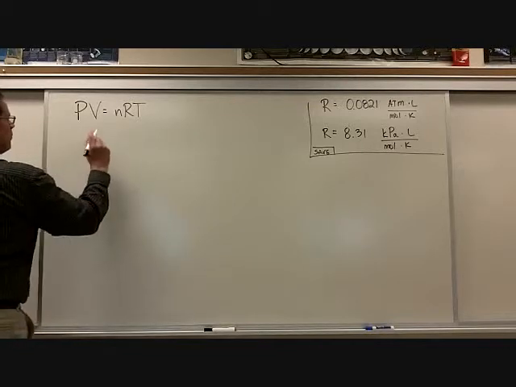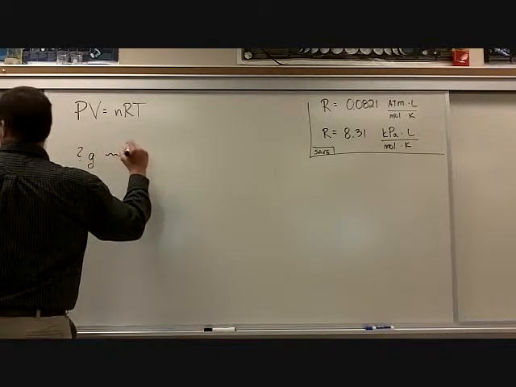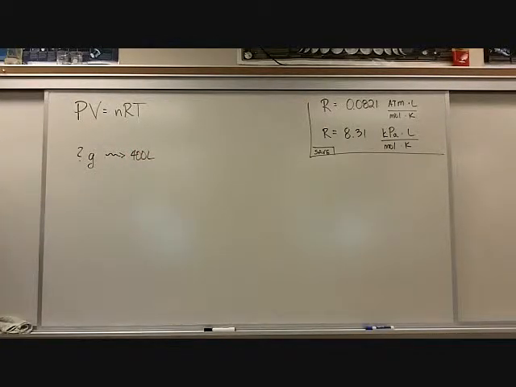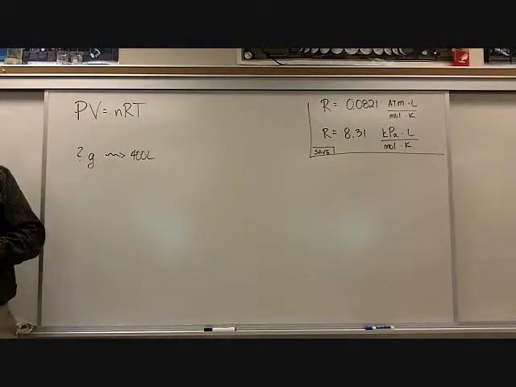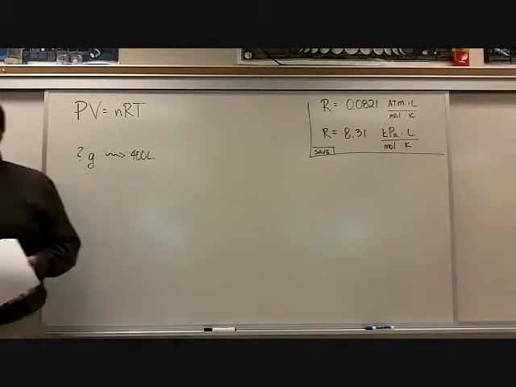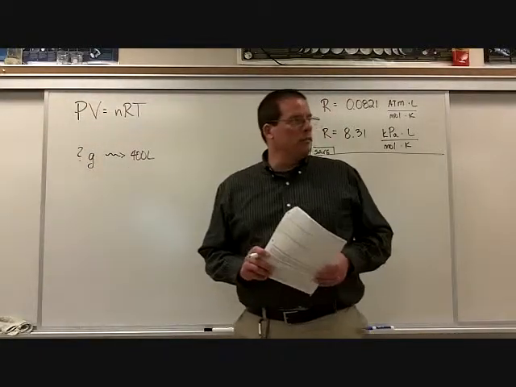So it wants to know how many grams in a 400 liter container. Okay, so what do we know from this problem? Well, let me ask you this before we start. Is this a stoichiometry problem? Yeah. I hear yes and I hear no. I say no. Not everything's stoichiometry. Why is it not stoichiometry?